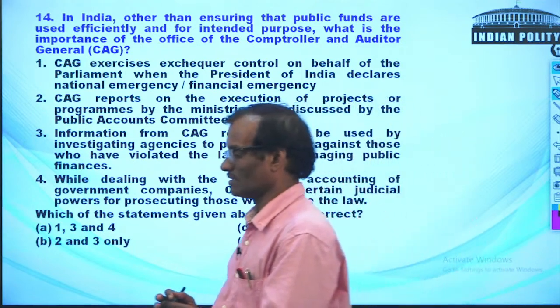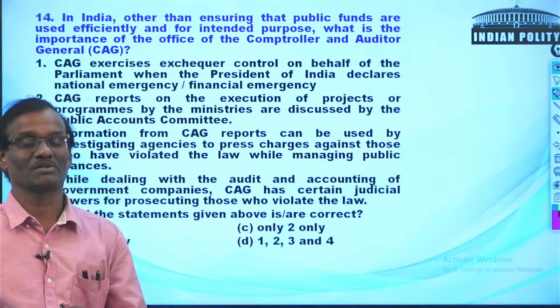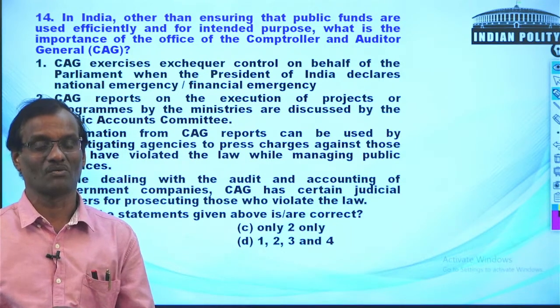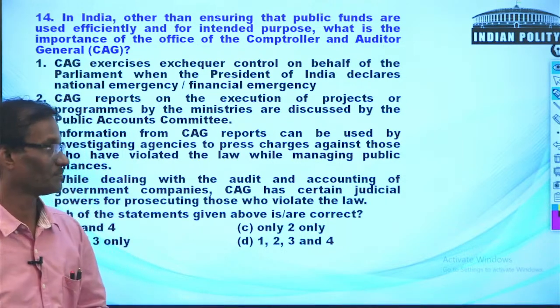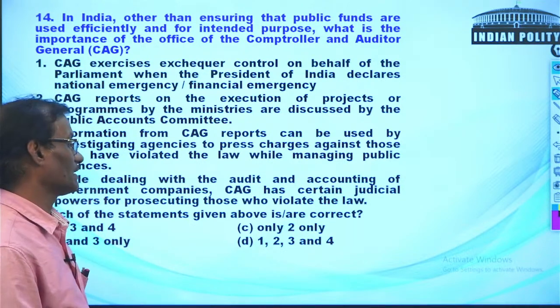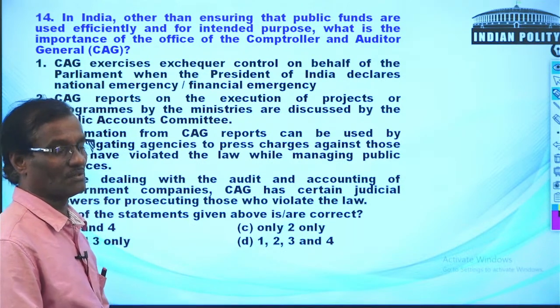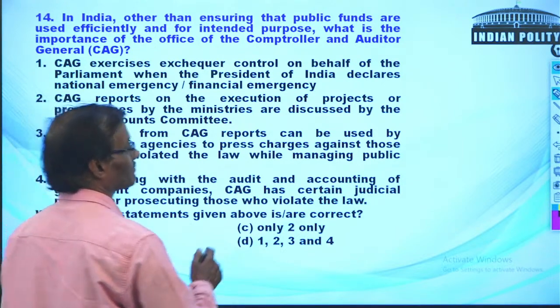In England, the CAG has exchequer control, meaning without the sanction of the CAG, no money can be withdrawn from the consolidated fund of that country. But here in India, that does not have the power. CAG does not have any sanctioning powers. So statement 1 is incorrect.